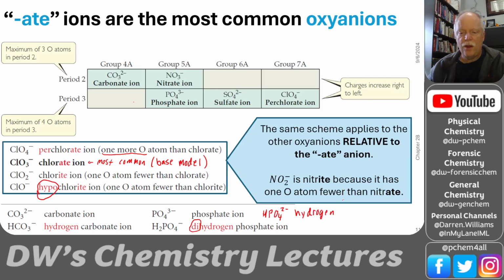You don't have to write mono on the first one. You just say hydrogen phosphate. Just like this one over here is the hydrogen carbonate ion.